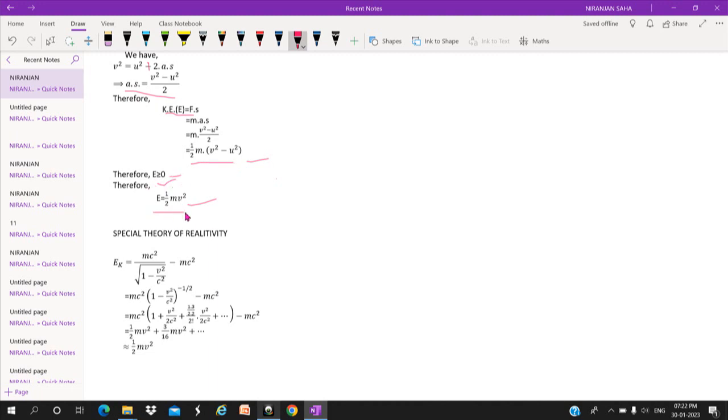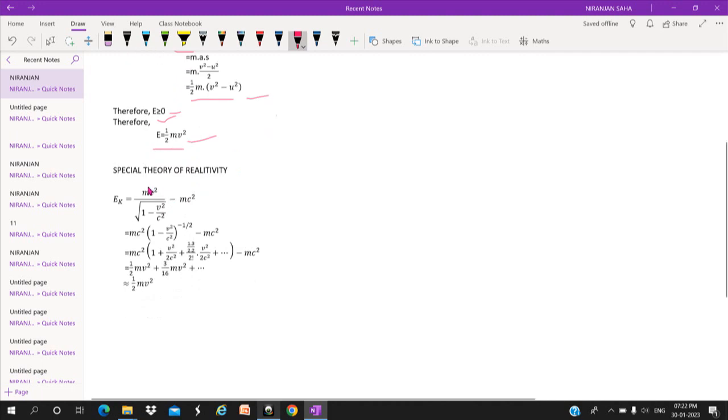This is one establishment. And from the special theory of relativity we can write that kinetic energy is equal to mc square by root over 1 minus v square by c square, minus mc square. So here we will write mc square (1 minus v square by c square) to the power minus half, minus mc square.